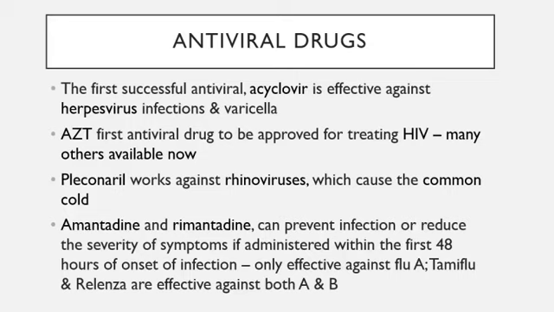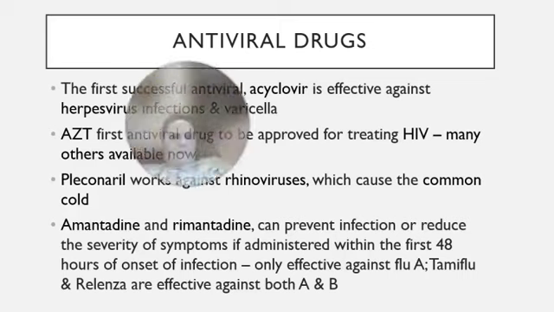Fluconazole works against rhinoviruses, which of course cause the common cold. Amantadine and rimantadine can prevent infection and reduce severity of symptoms if administered within the first 48 hours of onset of infections. It's only effective against flu A, but Tamiflu and Relenza are effective against both flu A and flu B.